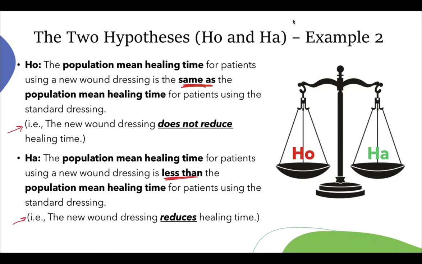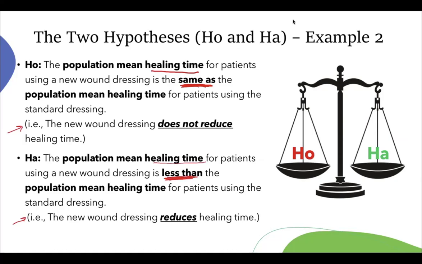The null hypothesis always says that it doesn't matter what the variable is. The healing time in this case is the same. And the alternative hypothesis says it does matter. The healing time is less than. So the variable changes from problem to problem.